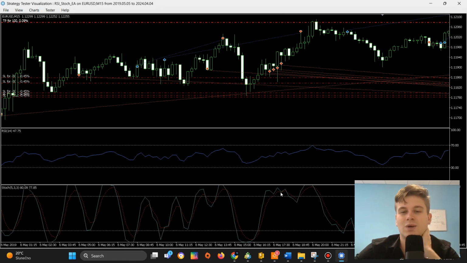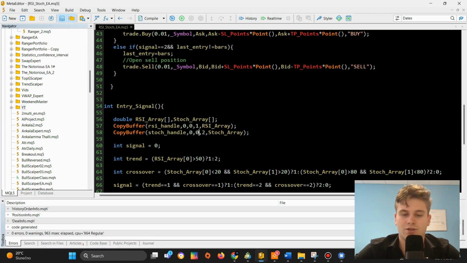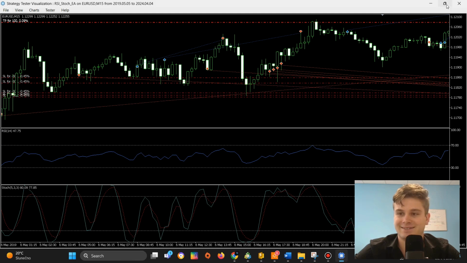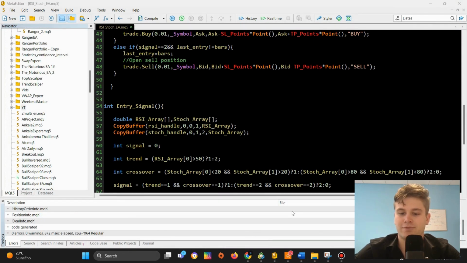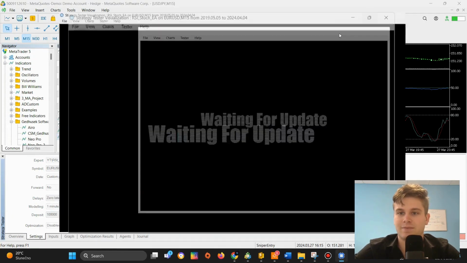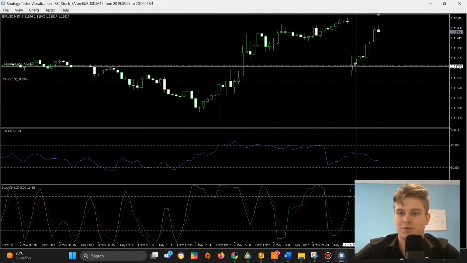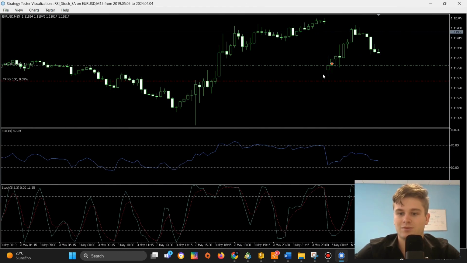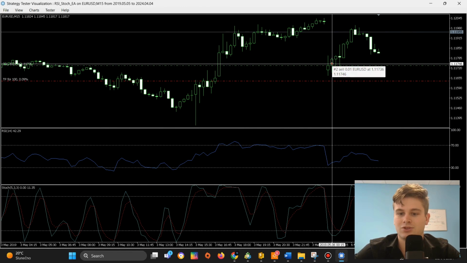Of course we can make sure that this doesn't happen by changing the shift to 1, but then we get shifted signals. So we have to decide for ourselves which is worse. Let's see with the shifted value.